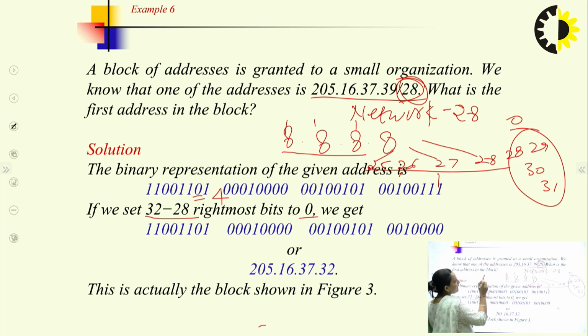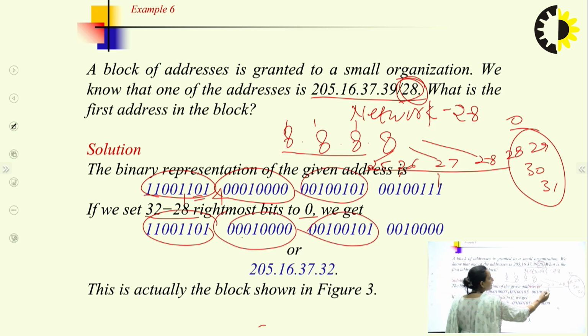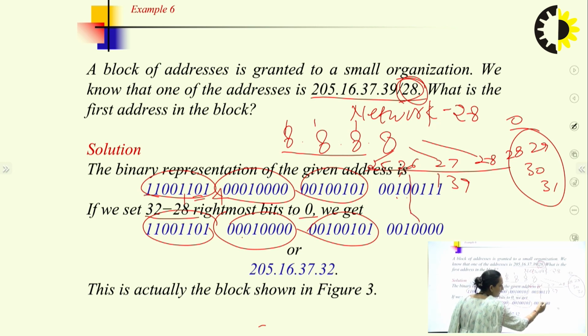So the mask is 255, same 255, same 255, and then the last octet is 240. The bits 25, 26, 27 and 28 are the same as before, but all the other bits have to be zeros.